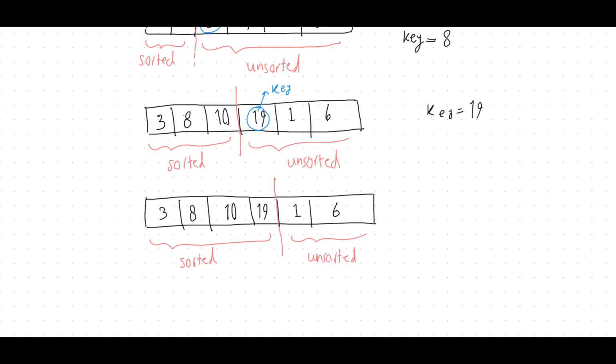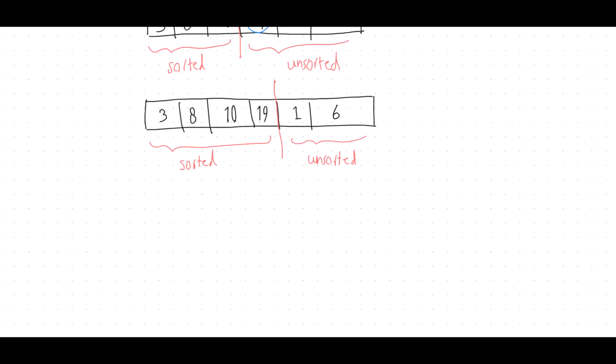Okay, I want to do this all the way to the end. If you got the idea, you can skip this part, but for one example, I want to do this all the way to the end. So the first element in the unsorted part is the key. So my key is, in this iteration, my key is 1.